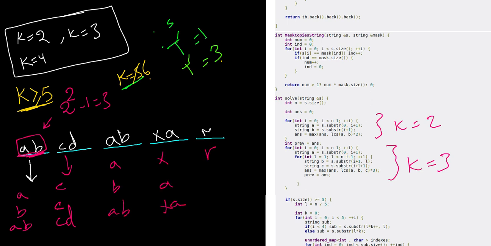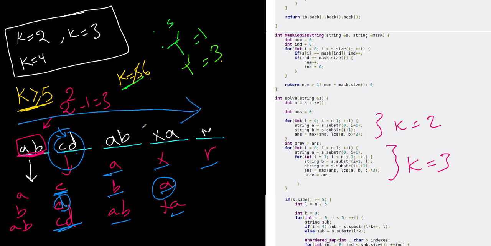Then also we need to try for C. Here we have C, then for D, here we have D only, then for CD we only have this one. Then also we need to try for this pattern. For every pattern we need to find how many copies in the whole string.